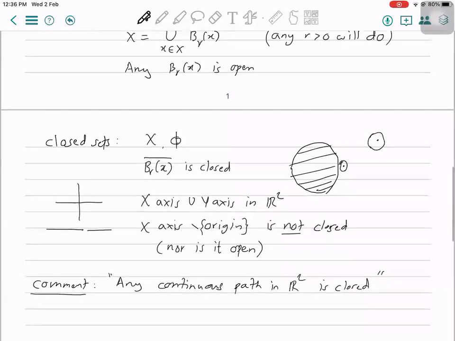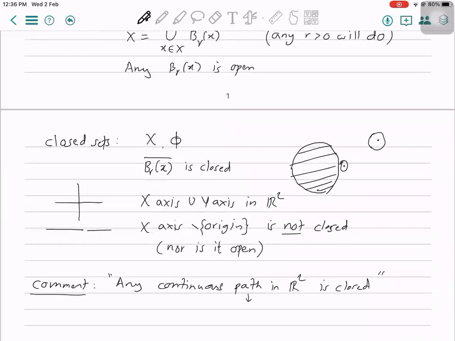So the question is, what is a path? Any function from a closed interval in R to R2. So let us say path equals a continuous function from 0, 1 to whatever space you are considering.